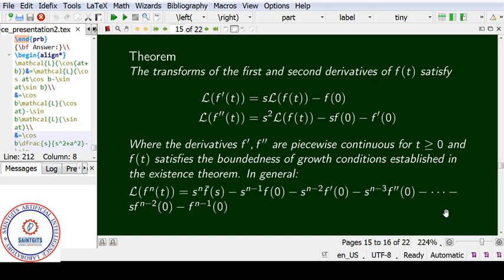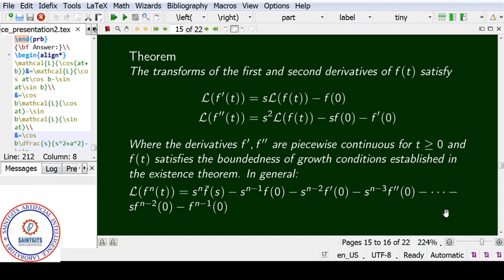We will use this result in the solution of ordinary differential equations. Solution of an ordinary differential equation need not be simple in the case of higher order differentials or with varying types of functions on the right hand side expression, that is, in the non-homogeneous case. But the Laplace transform will help us in that area. When we take the Laplace transform, automatically the differentiation becomes an algebraic operation in s.